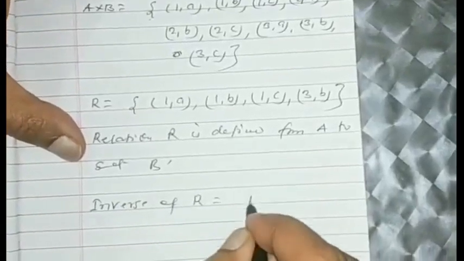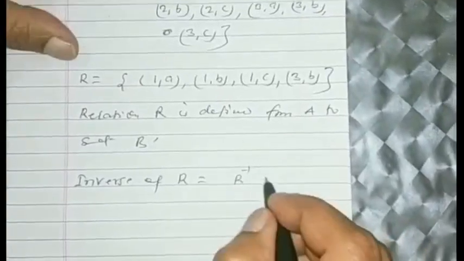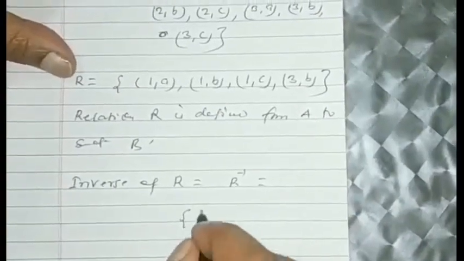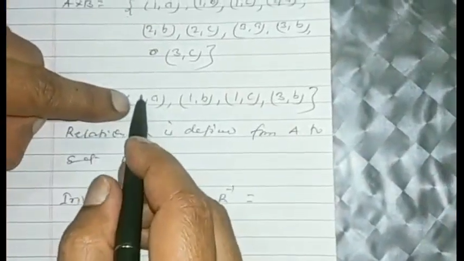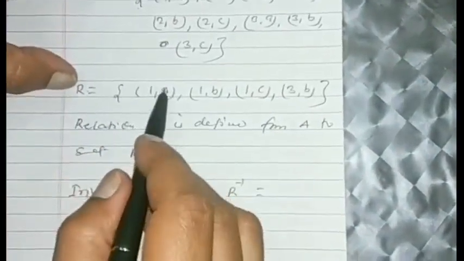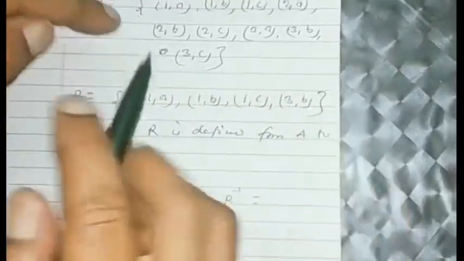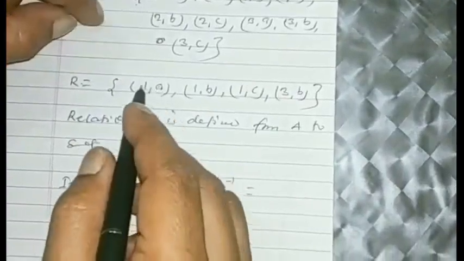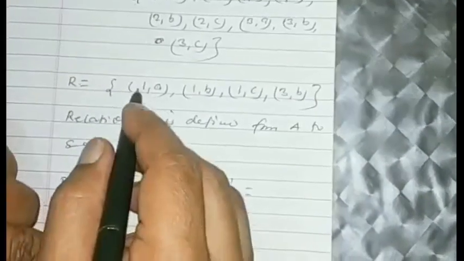Now the inverse of this relation, the inverse of R, is denoted by R inverse. This equals the set of all ordered pairs with the order changed. Suppose here 1 is in the domain of R and a is in the range of R. Therefore this is reversed: a will be in the domain of R inverse and 1 becomes the range of R inverse.